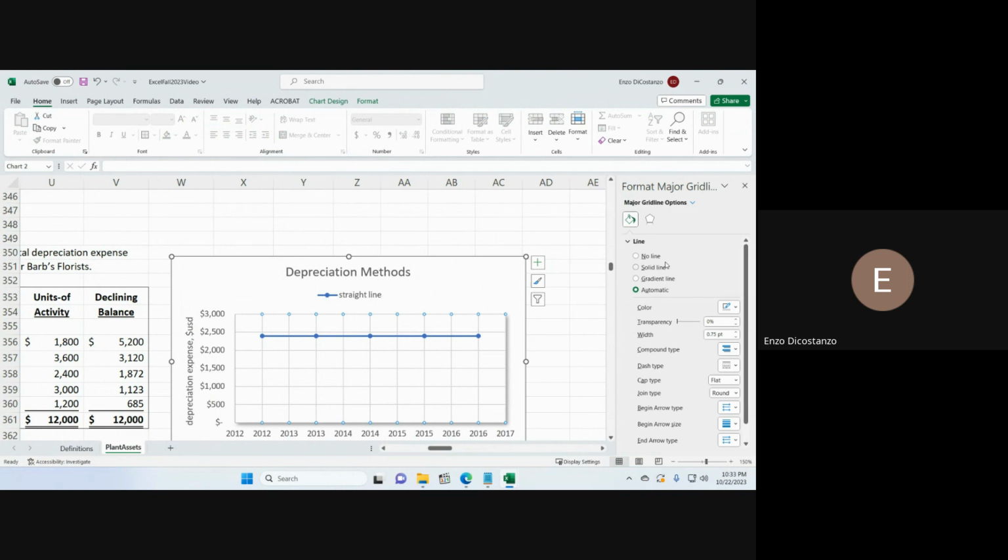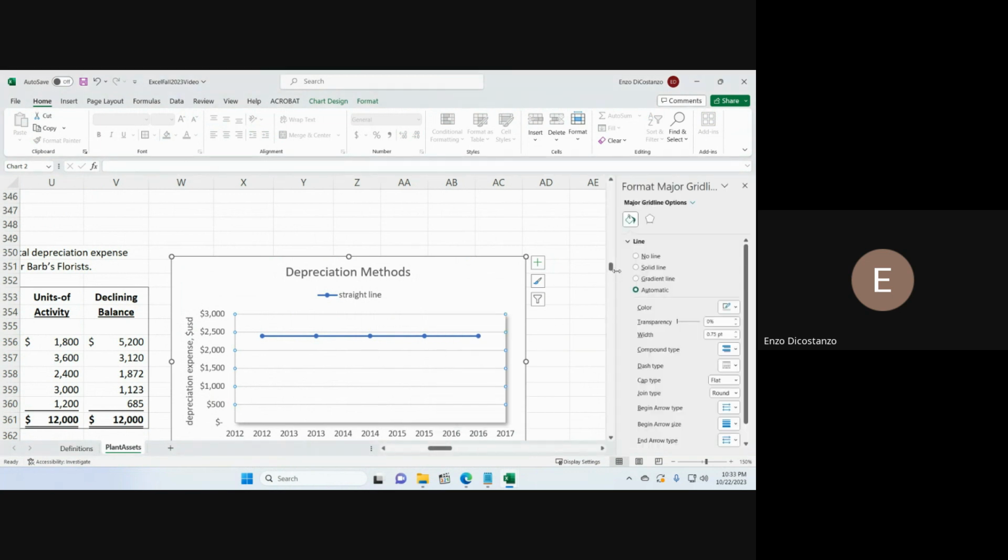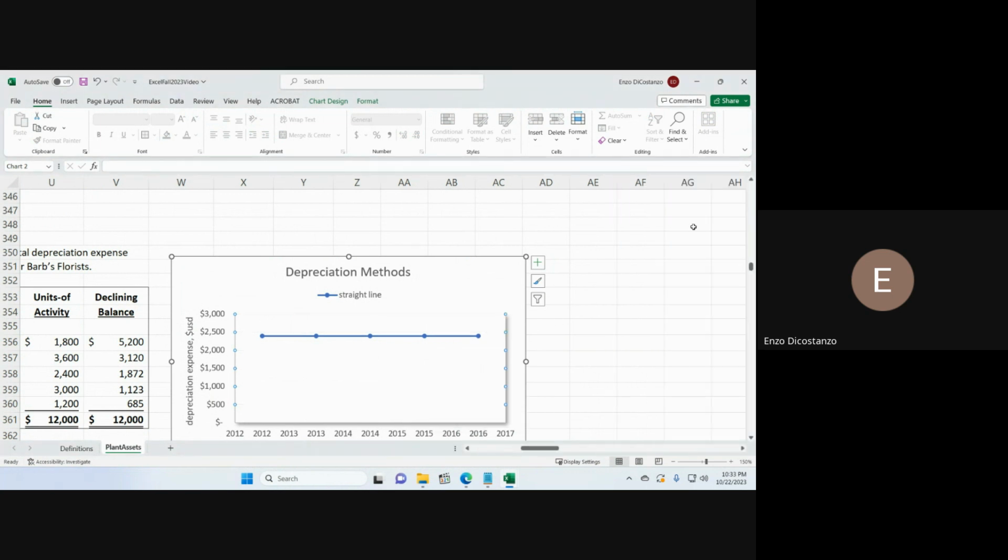Format the grid lines, no line. The grid lines, no line again. The vertical is no line also.